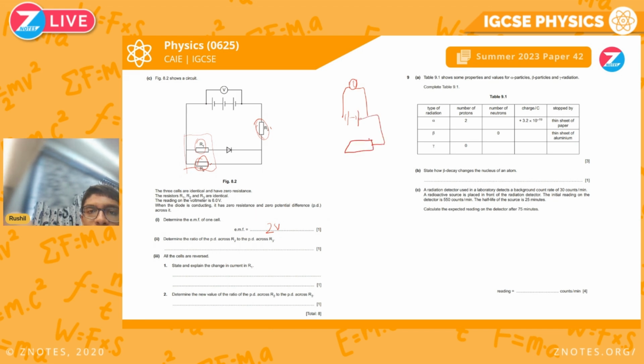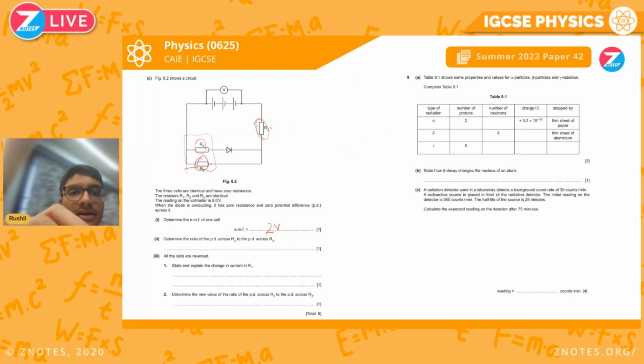Where this is R3 and this is R1 and R2. So in a circuit like this, we need to find the combined resistance of R1 and R2. So let's just take that as X, okay? So we know in parallel, 1 by X plus 1 by X is equal to 1 by the combined resistance.